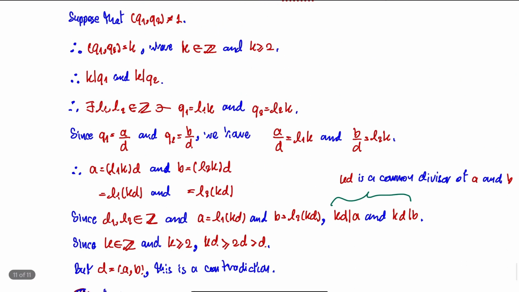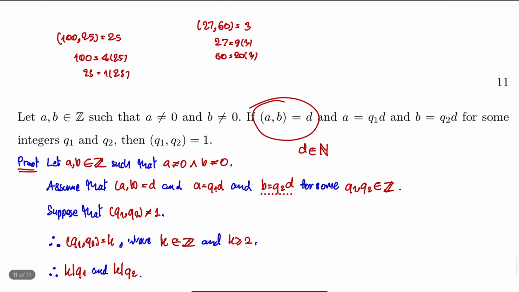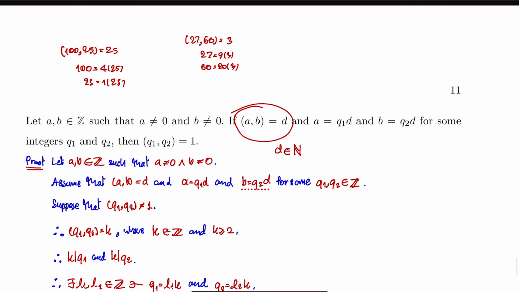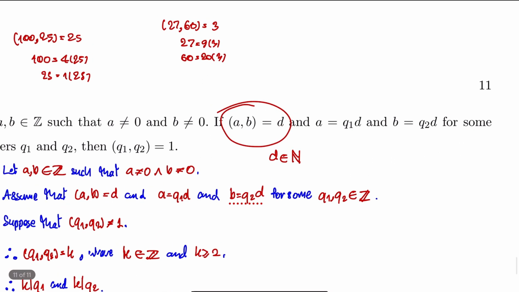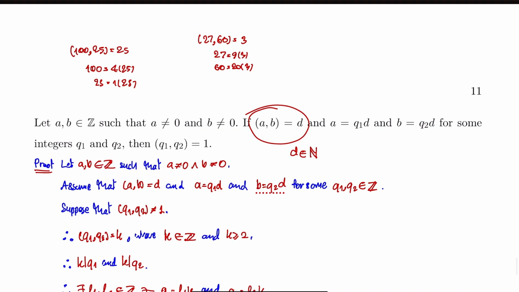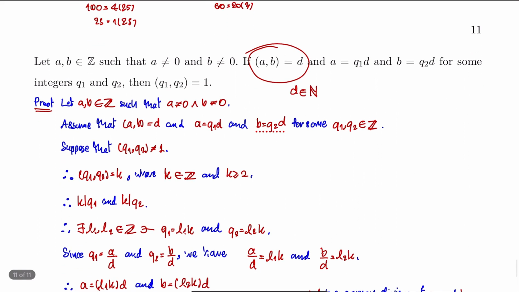So we have shown that when D is the greatest common divisor of A and B, and Q1 and Q2 are the quotients when A and B are divided by D, these quotients must have the greatest common divisor of 1. That's it for this video.